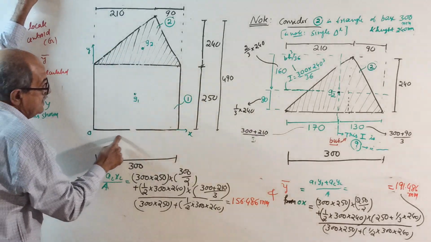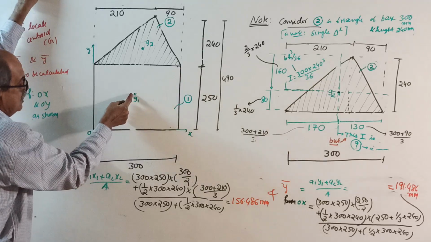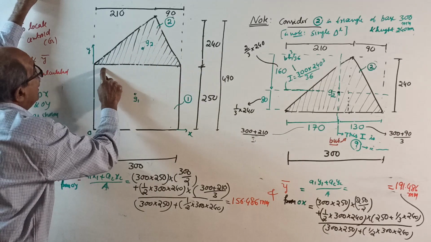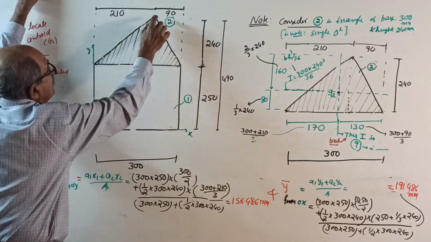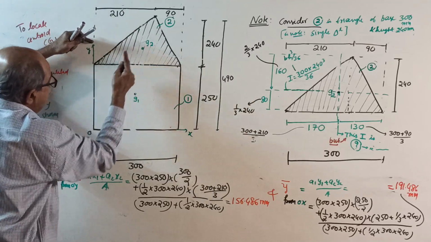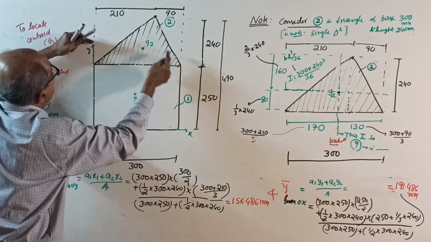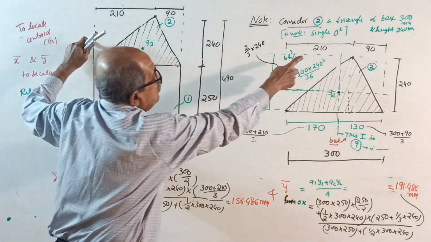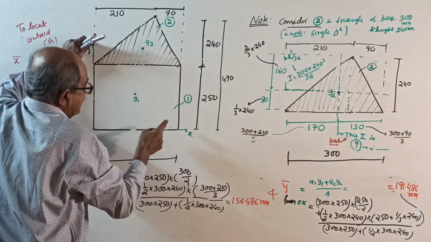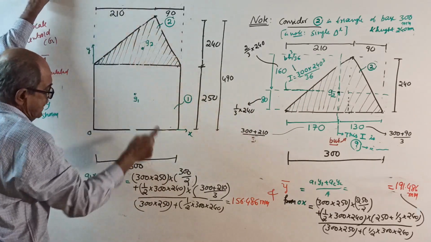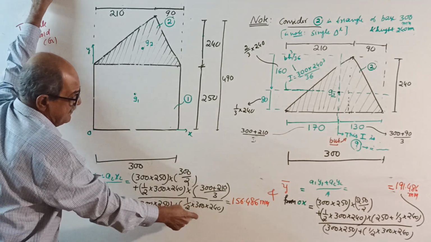A1 is 300 into 250 into 300 by 2, plus half the full area, half into 300 into 240, the full area, into this distance, which is 300 plus 210 divided by 3. That is your how much? 170, I told. But write that way only. B plus B1 divided by 3, divided by A1 plus A2.